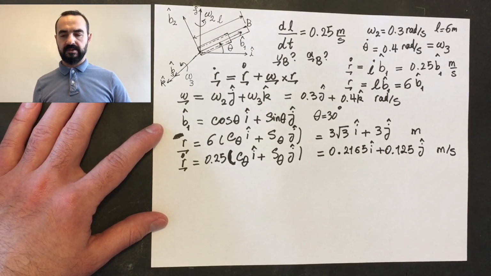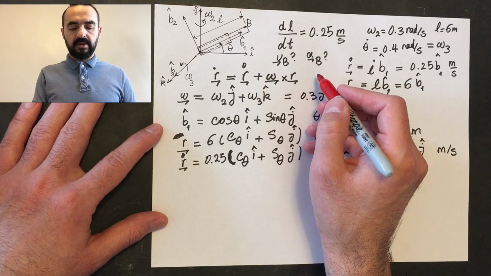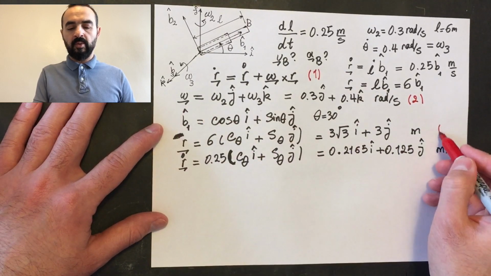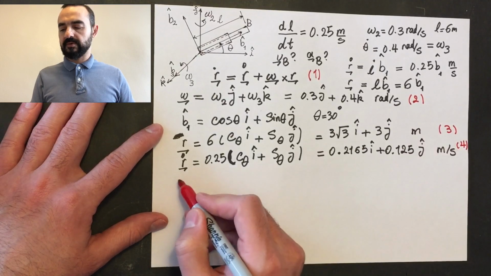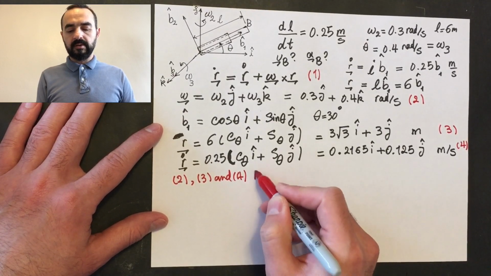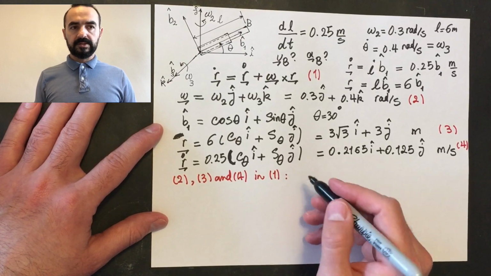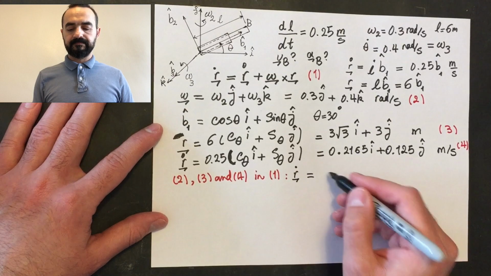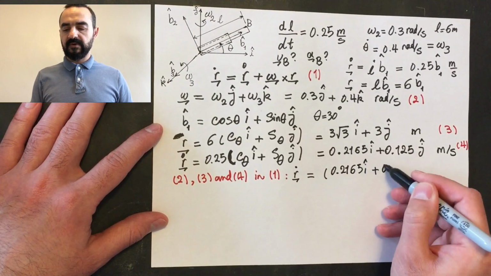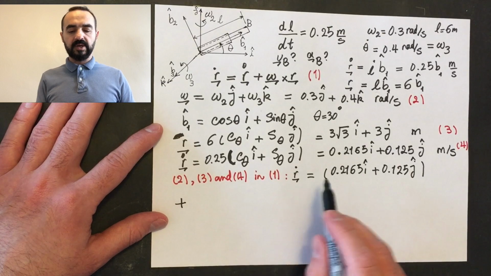Now I have everything I need. So if I number this equation 1, and this is 2, omega is 3, and this is 4, what I'm going to do is use 2, 3, and 4 in 1 to get r dot equal to, all right, I have r circle now, 0.2165 I hat plus 0.125 j hat, plus omega cross r.